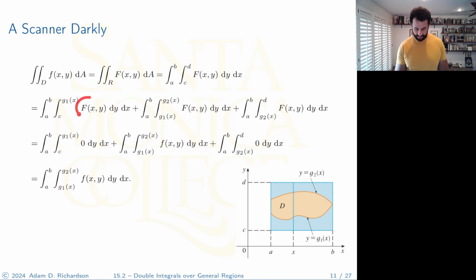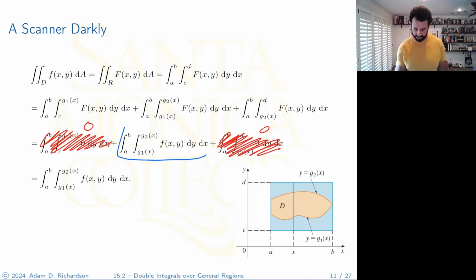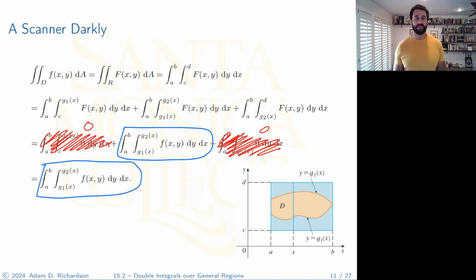Well, because capital F is going to be 0 on this region and this region, we can replace capital F with 0. But the integral of the 0 function is 0, so this completely disappears. This integral is going to be 0, and this integral is going to be 0. And then what we're left with is the middle integral, which is the integral that we wanted.